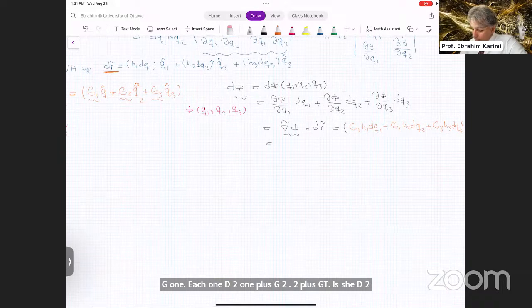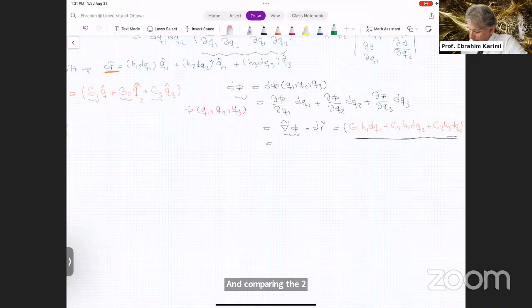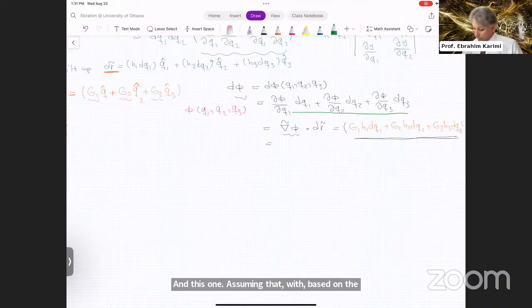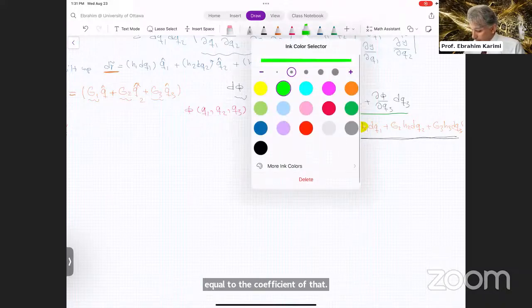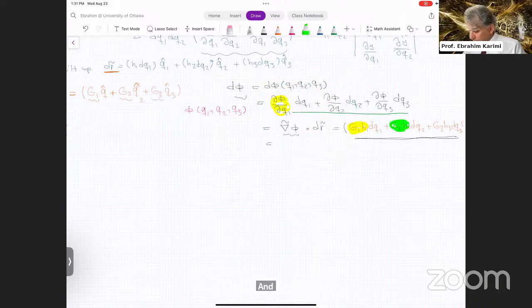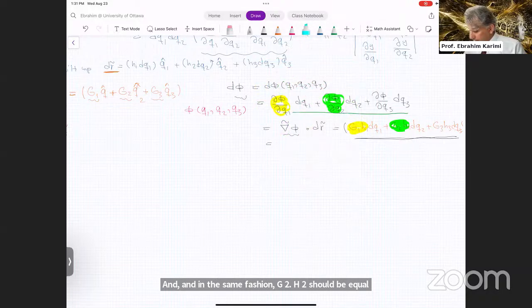And comparing the two together, based on the assumption that Q1, Q2, and Q3 are independent parameters, we definitely come to the conclusion that the coefficient of this should be equal to the coefficient of that. In the same fashion, G2 H2 should be equal to this coefficient, and finally the last term also has a coefficient equal to that one.